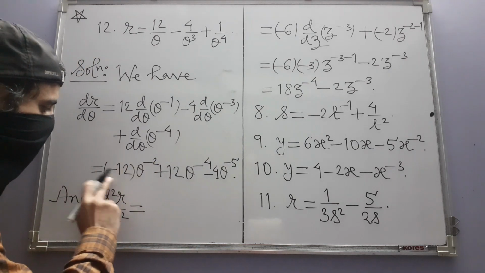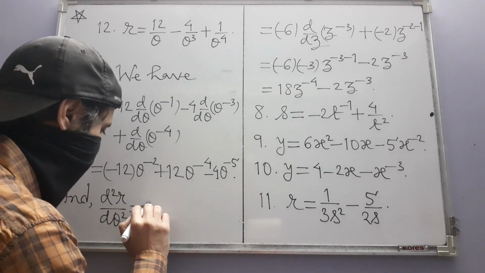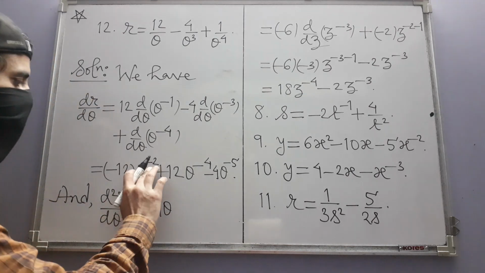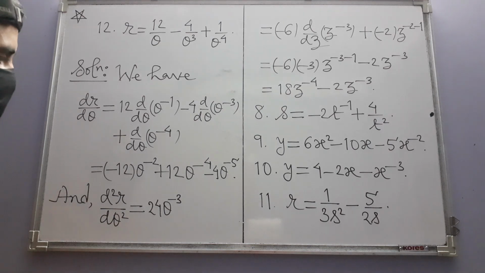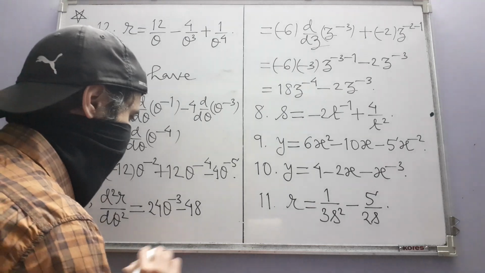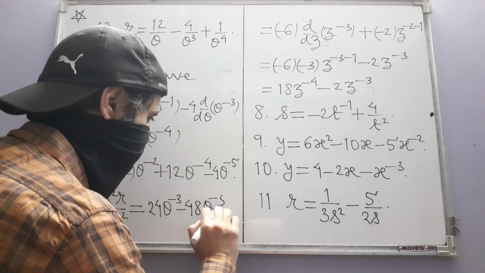So minus 2 will come in the front, will get multiplied with minus 12, and will give us plus 24 times theta to the power minus 2 minus 1, that is minus 3. Minus 4 times 12 is minus 48 times theta to the power minus 4 minus 1, which is minus 5.